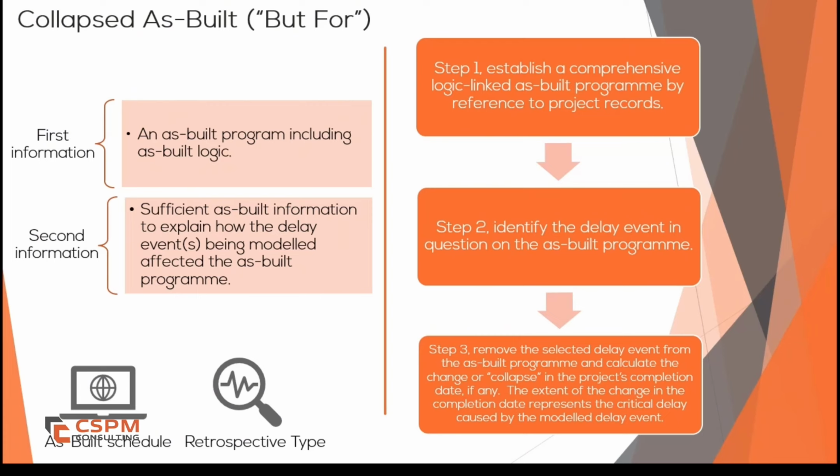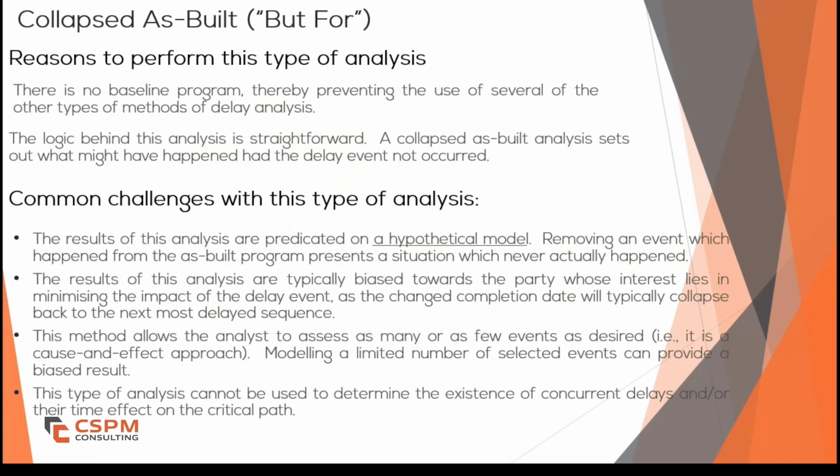Collapsed as built removes delays from the as-built schedule to determine the project's hypothetical completion date had those delays not occurred. This hypothetical approach makes collapsed as built less commonly used, as it relies on assumptions rather than comparisons.